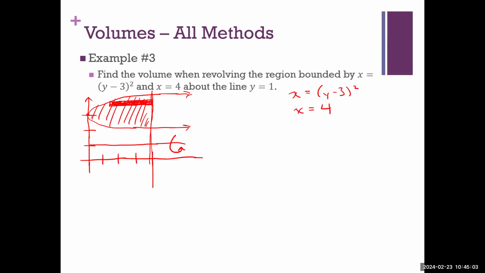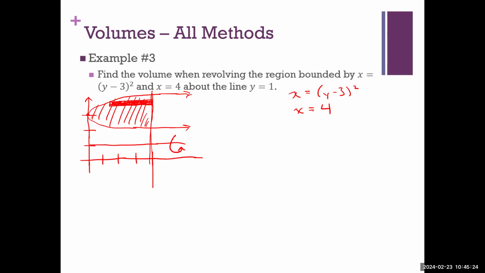Is that it? Yeah, that should be it. So we have everything we need just from those two lines. If we use dy rectangles, I want to express everything in terms of y.